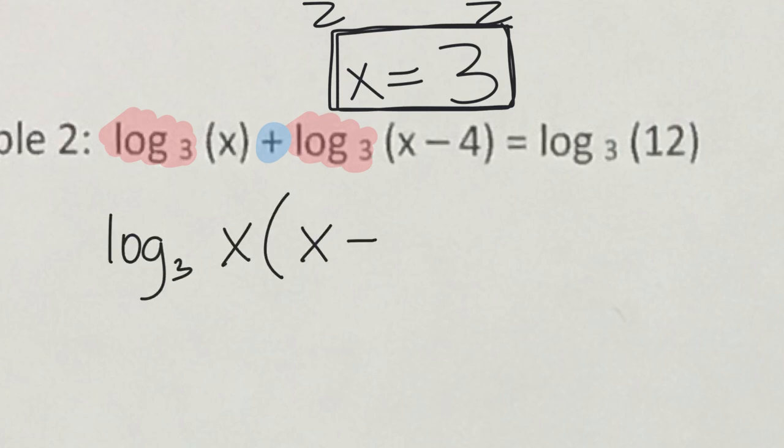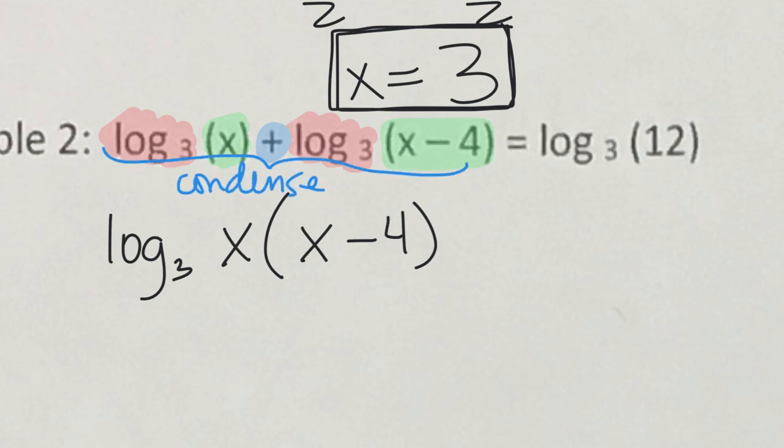I'm going to multiply these two arguments together. If I am adding the logs, I can multiply their arguments and condense it under one log. The verbiage is condense.